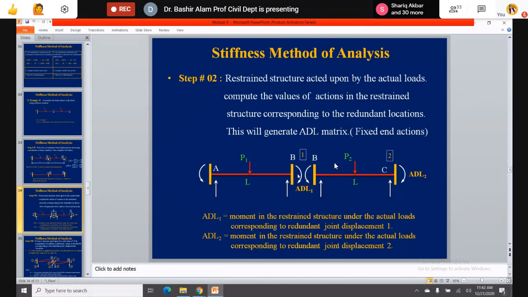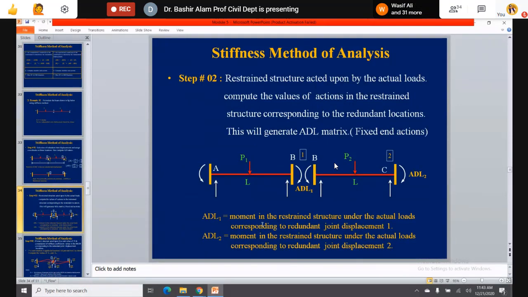This algebraic sum of these two will give you the ADL1 value. Now, corresponding to D2, we have moment here, ADL2. It is in the same direction of D2, so whatever moment is coming here, that will give you your ADL2 value.